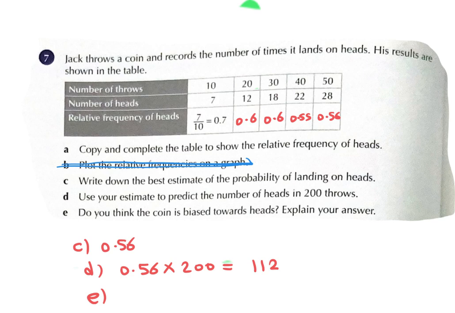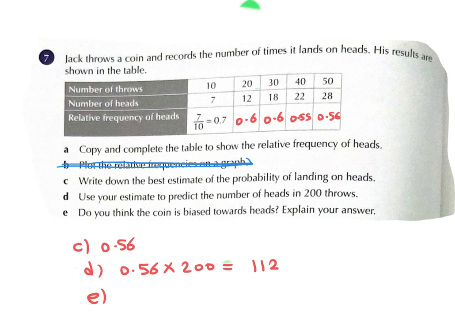So we can say, yes, it's biased because 0.56 is not close to 0.5. I'll accept that. But if someone else said, no, 0.56 is very close to 0.5, so it's fair, not biased, I'll accept that too. Okay? So this depends on how you explain the reason.